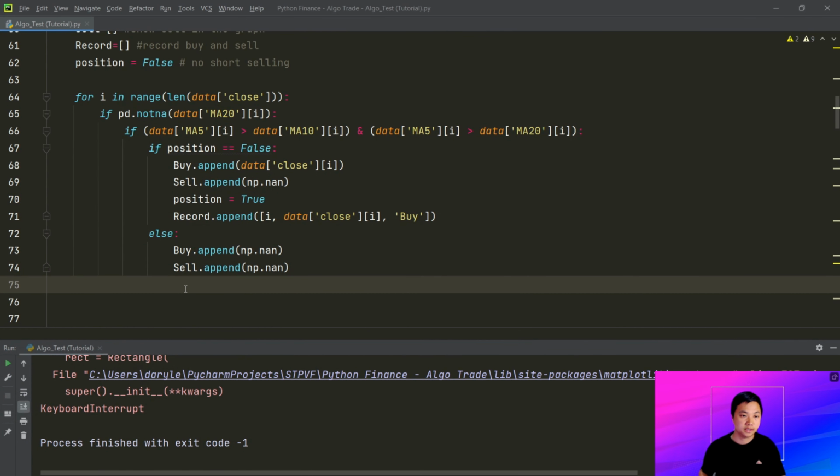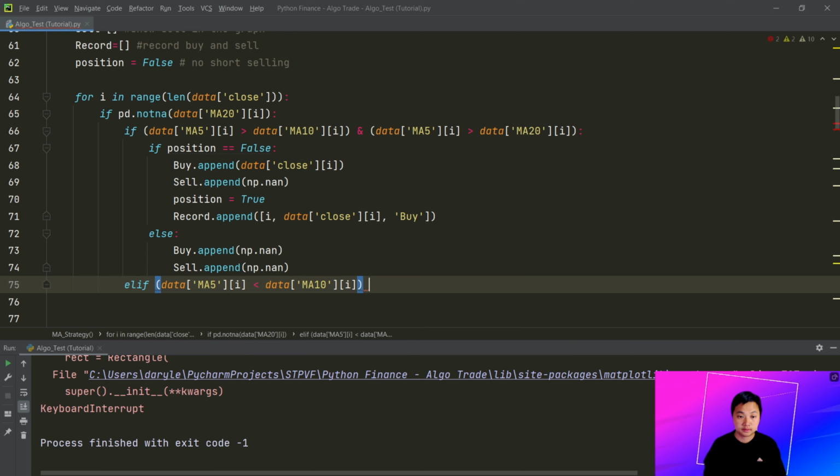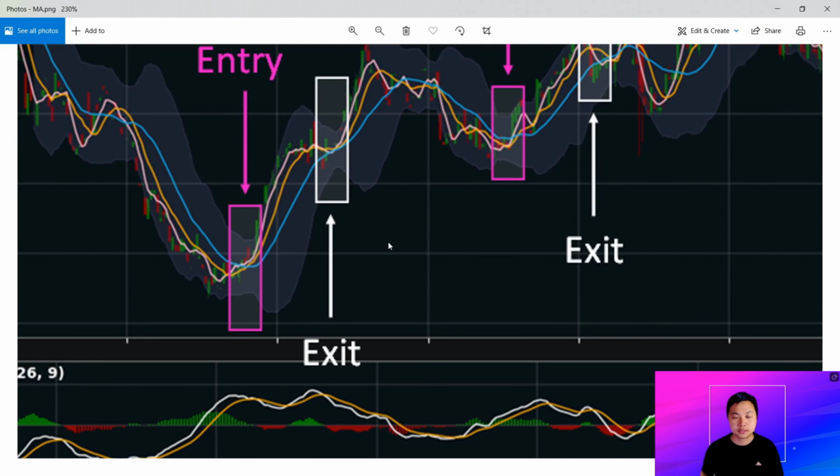The exit logic is very similar. Here, the else if: the faster moving average is below the 10 minutes moving average and also below the 20 minutes moving average, that means this is the chance that we should exit.